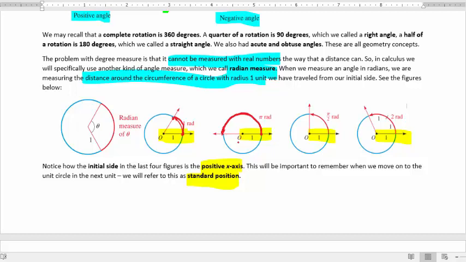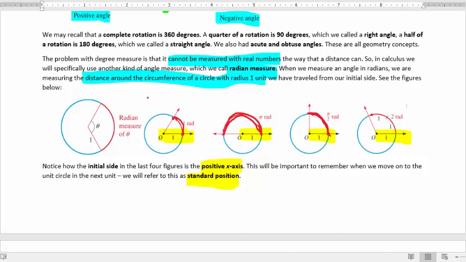Yes, you can say that's 180 degrees, but when you're dealing with radian measure, half of the circumference of the circle is going to be pi. So that was an angle of pi radians. And here, I traveled a quarter of the circumference, which is pi over 2 radians, because the whole circumference would be 2 pi.